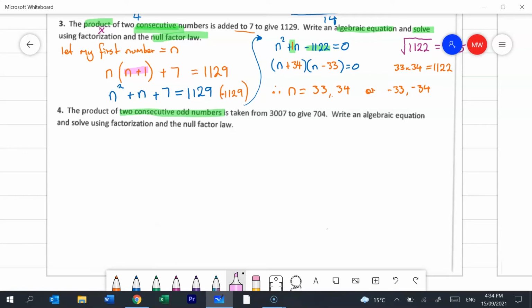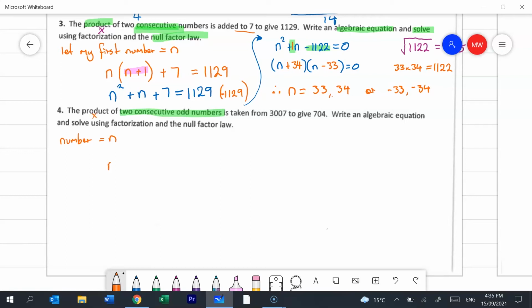So let's start writing ourselves up an equation here. We're going to let the number be n again, just for consistency. You can use x or any letter you like. So we've got 2 consecutive numbers again. So product again, so times.